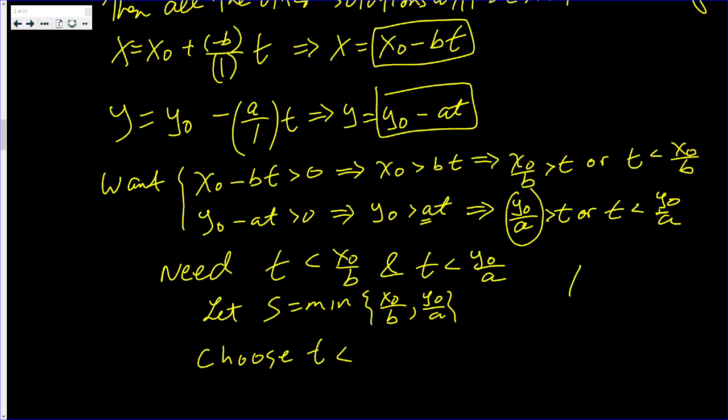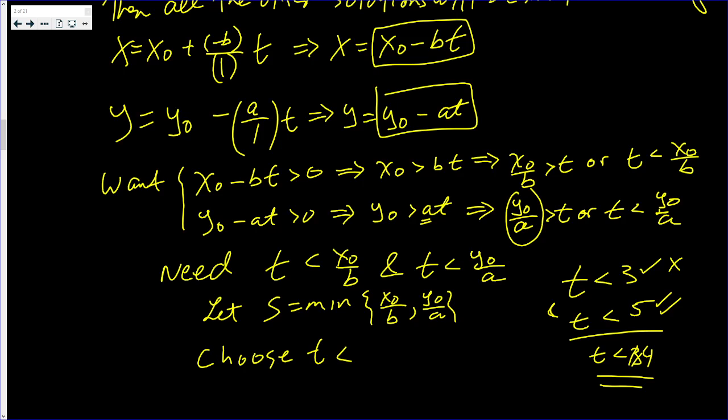Because if you want t to be less than 3 and you want t to be less than 5, then you let t be less than 3. If t is less than 3, both are true. But if t is less than 4, t is not necessarily less than 3, since t can be 3.5.